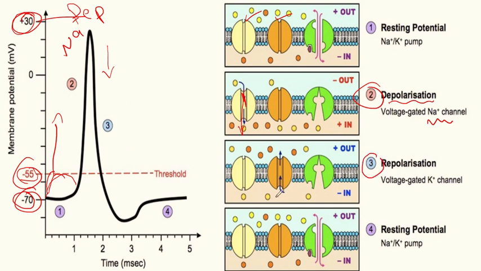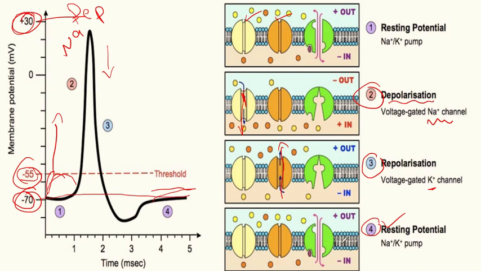What happens? If you look, the potassium channel will open, potassium will go out, and what is responsible for repolarization is the potassium ions. After all of this happened, now the neuron needs to go to resting potential again. Look here, it needs to go to resting potential, negative 70 millivolt.